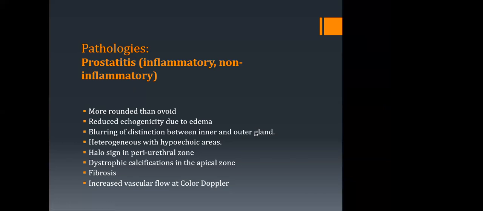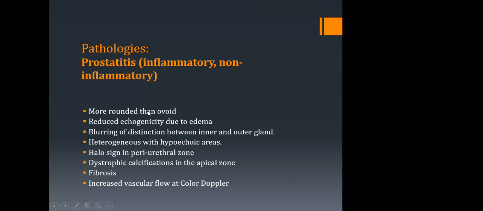But sometimes you're going to get signs of inflammation, but when you take this specimen to the laboratory, there is actually no sign of inflammation. But the features you are getting on ultrasound show you signs of inflammation. So this is why we are saying it could be inflammatory or non-inflammatory. But this is not for us to take. It is difficult to discern this. This is left for the pathologists.